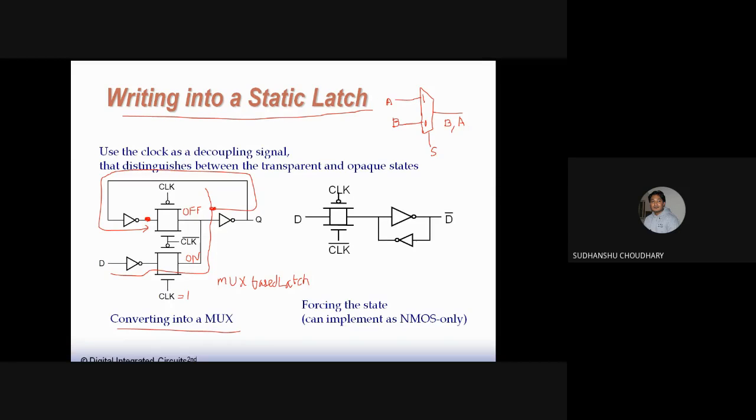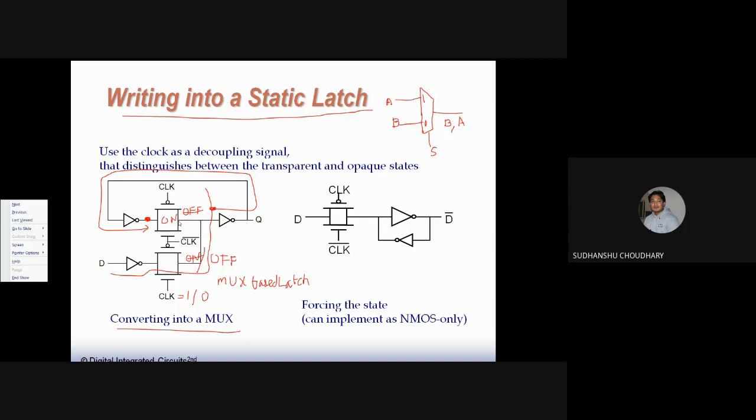Now when clock is 0, this D input is cut because this transmission gate switches off, and this other transmission gate switches on. So when clock is 0, the D supply input is cut, and whatever was stored is now stored in this loop because this transmission gate is now on.